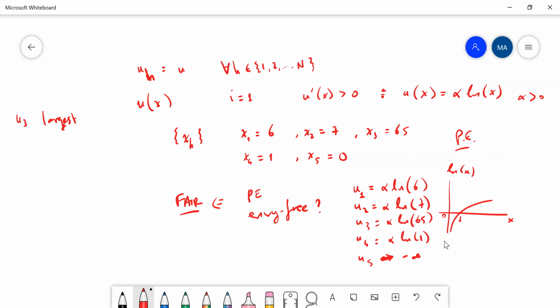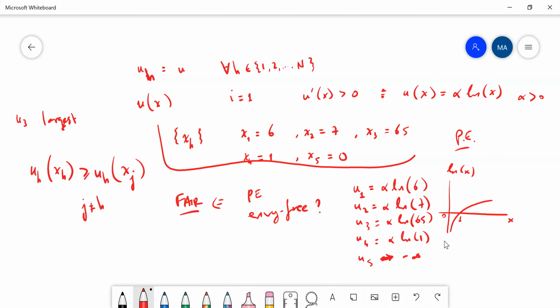Because utility functions are the same, I require this to be true: UH XH greater than or equal to UH XJ, right? J is another agent. J is different than H. So in that sense, in this example, it is not envy-free, so it is not fair.